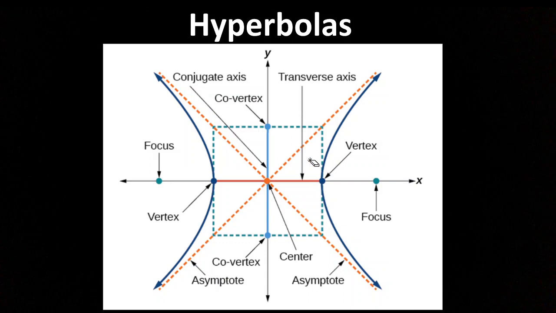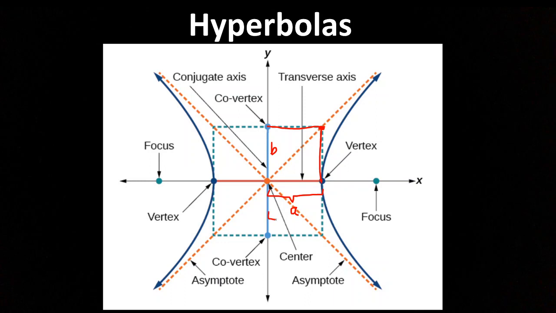Now if you go from the vertex to the asymptote, you intersect at that point, and that value right here we call B. The distance from the center to the vertex is still called A, just like in ellipse.